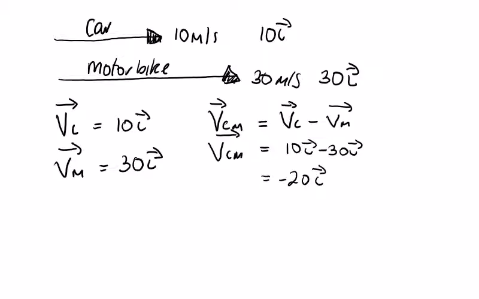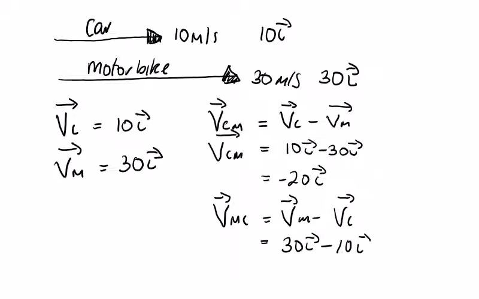So the car is falling 20 behind. If we do it the other way around, the velocity of the motorbike relative to the car is the velocity of the motorbike minus the velocity of the car, which is 30I minus 10I, which is equal to 20I. It's gaining 20 per second.